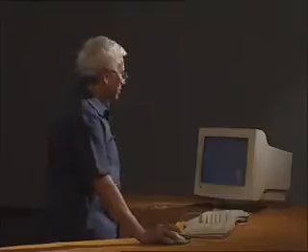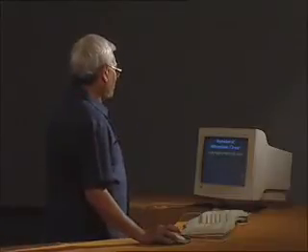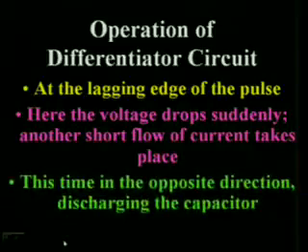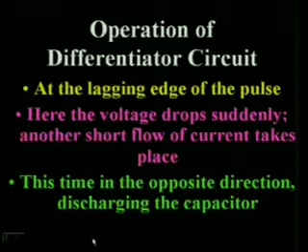Therefore, once the capacitor has been charged, if there is no variation, it will start discharging, and the discharge comes in the opposite direction, means it forms another pulse, but in a different direction. At the lagging edge of this pulse, the voltage drops suddenly and another pulse of short duration is formed, as the capacitor discharges in the opposite direction.